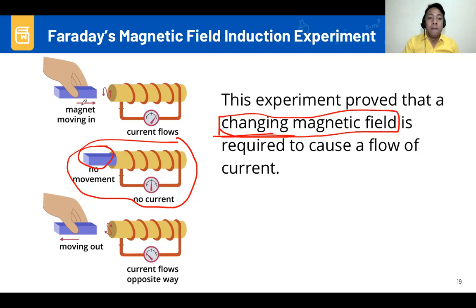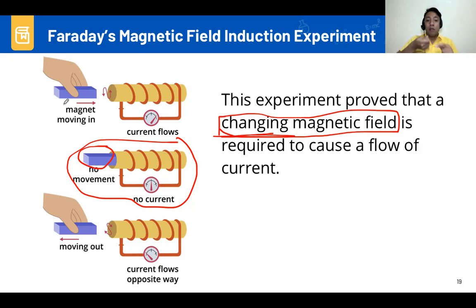But if you move your magnet in, papalapit doon sa wire, na pinalibutan ng wire, yung papalapit pa lang, hindi mo siya dinidikit, we have a flow of current.